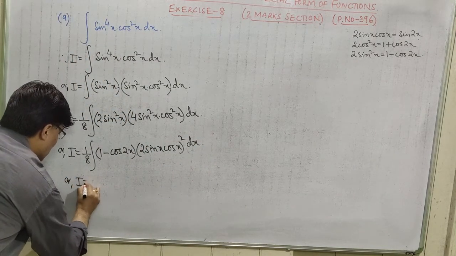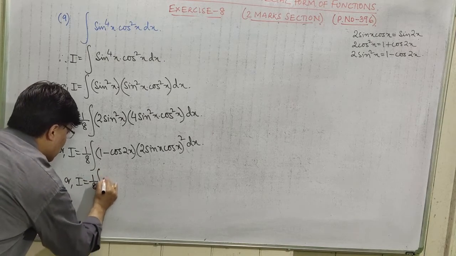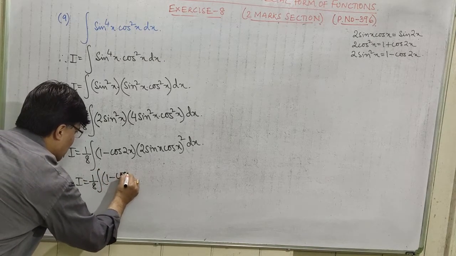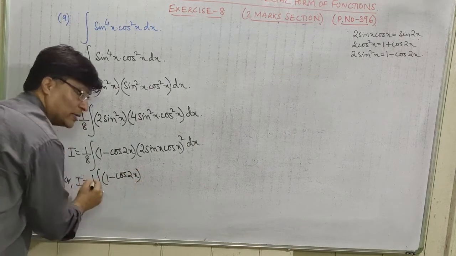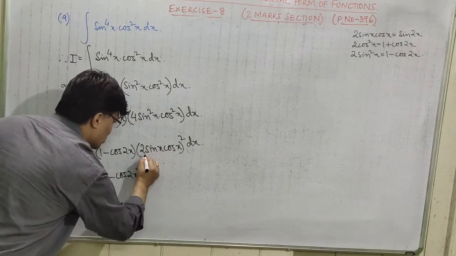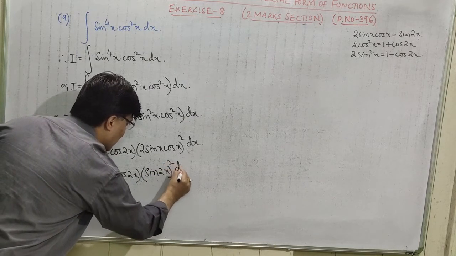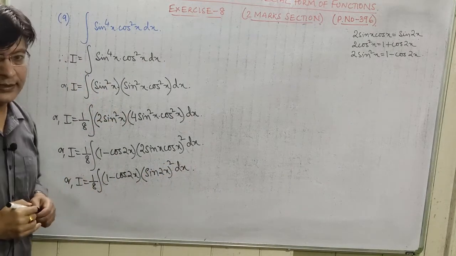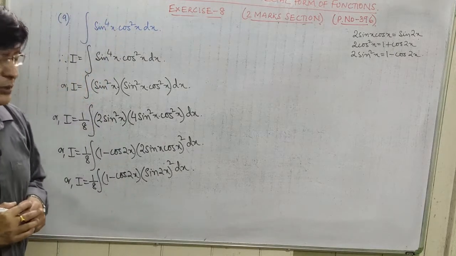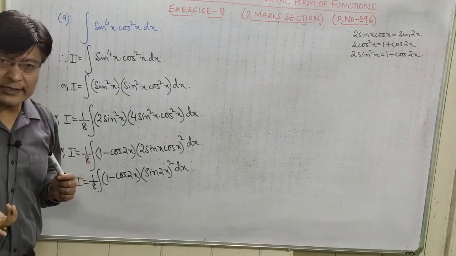Or I is equal to 1 upon 8 integration of, within bracket, this is 1 minus cos 2x. But here, what is 2 sine x cos x? It is sine 2x whole square. Then what do we write? Dx, right? So now what will you do in the next step?